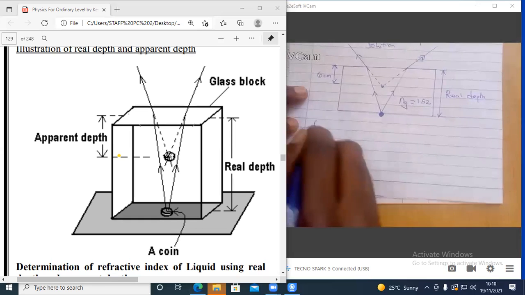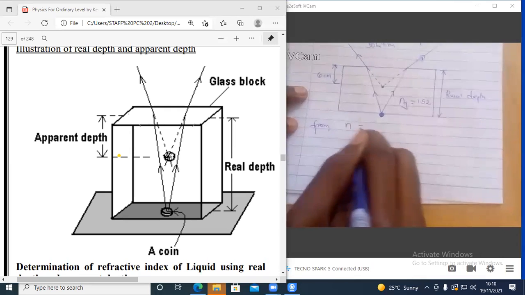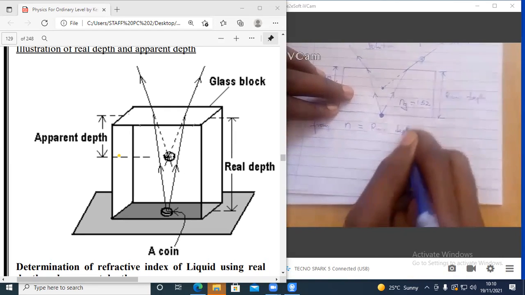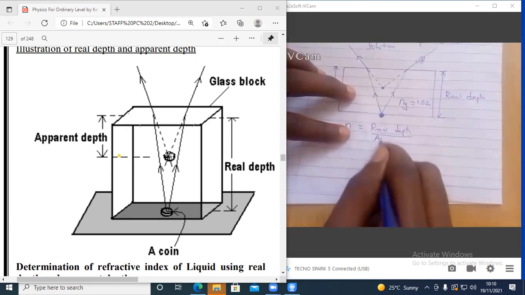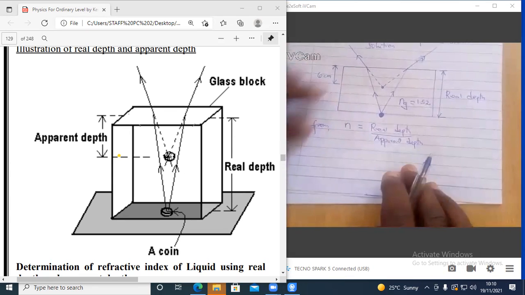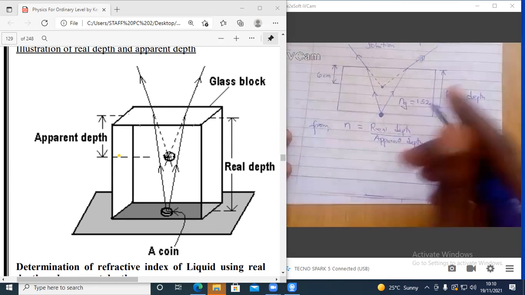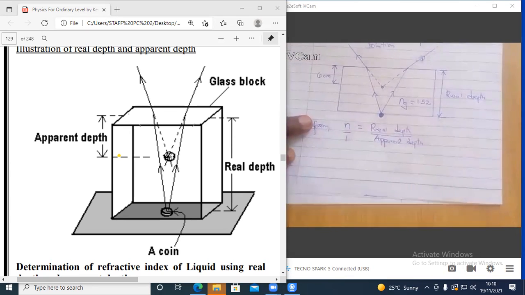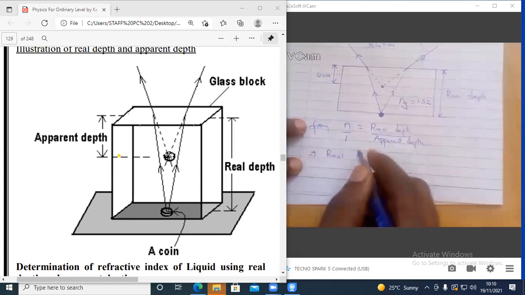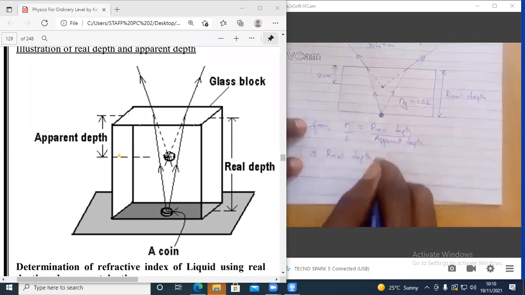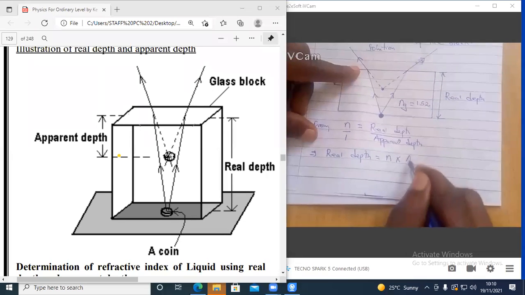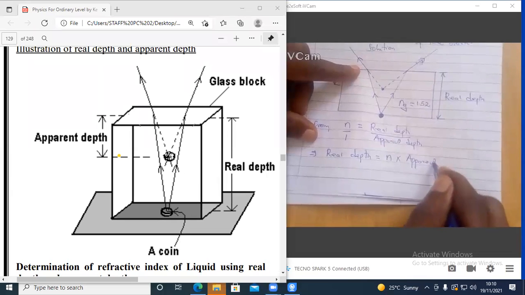So we are going to set refractive index equals to real depth over apparent depth. This is the same as over 1, not so? When you cross multiply, you find that real depth is equals to n times apparent depth.